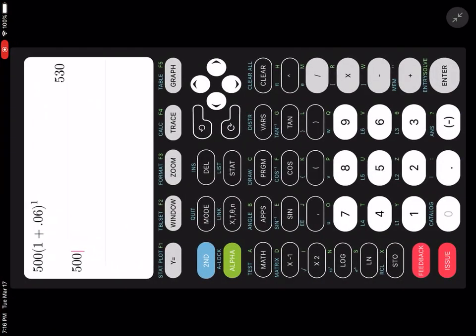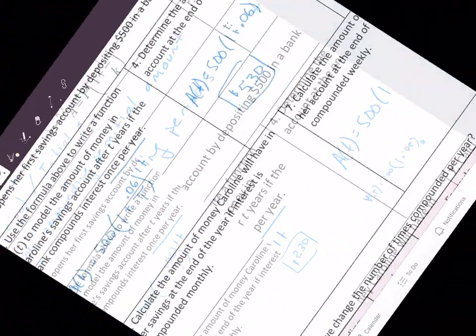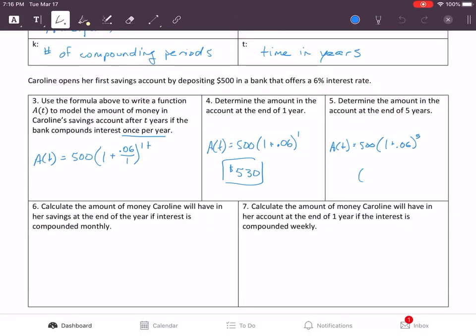We have 500 times 1 plus 0.06 raised to the 5th power. So we got $669.11.